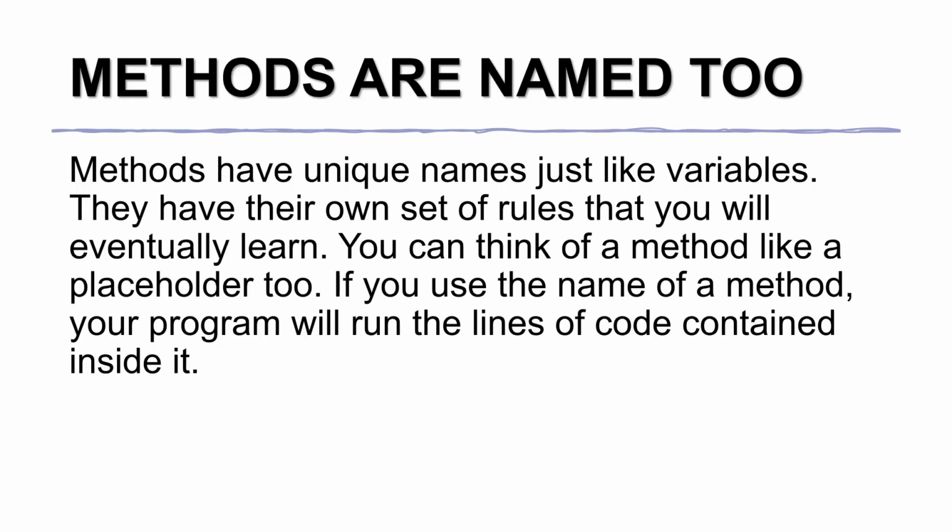One thing to keep in mind is that methods are named too. So they need to have unique names just like variables. And they have their own set of rules with them, and we will go over those in another lesson. But you can also think of a method like a placeholder as well. So if you use the name of a method in your program, it will run the code contained inside of it.